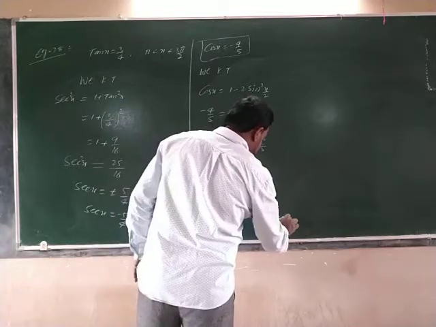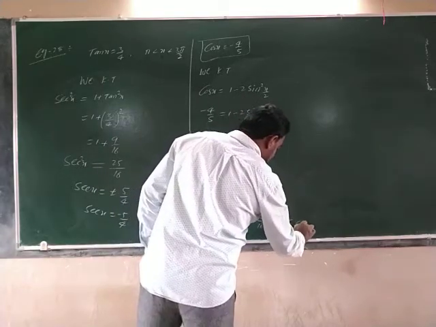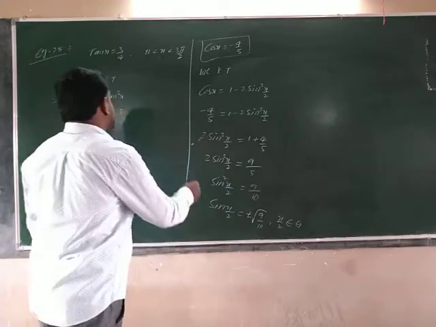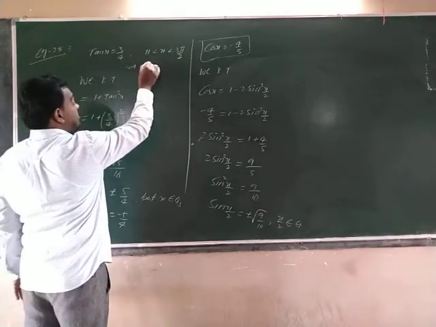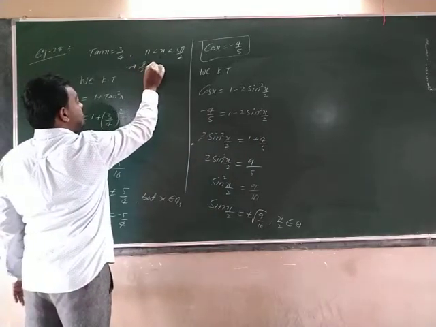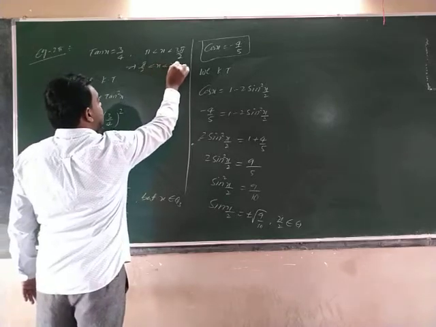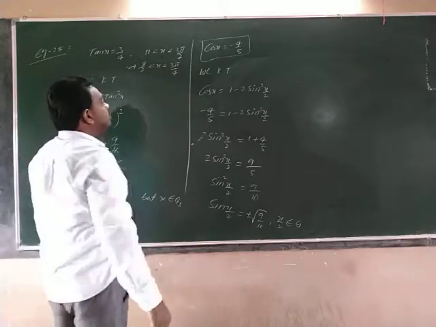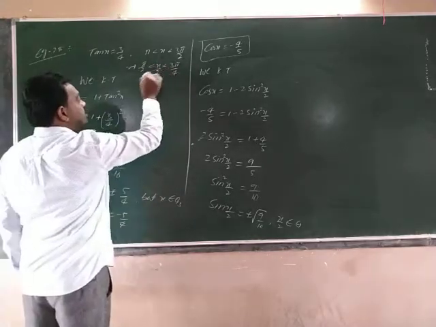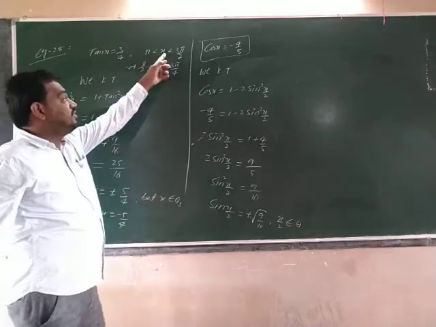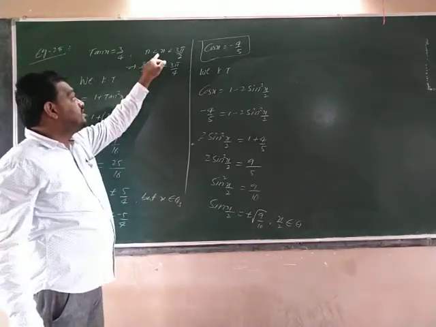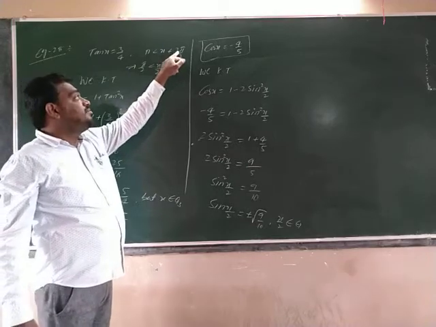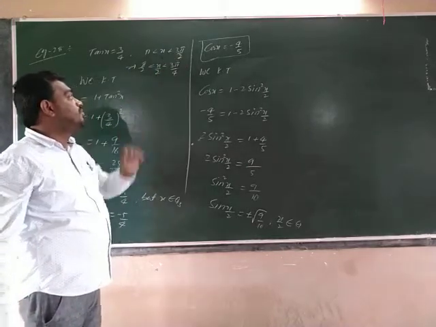But here, x by 2 lies in which quadrant? Take pi less than x less than 3 pi by 2 and divide by 2: pi by 2 less than x by 2 less than 3 pi by 4.